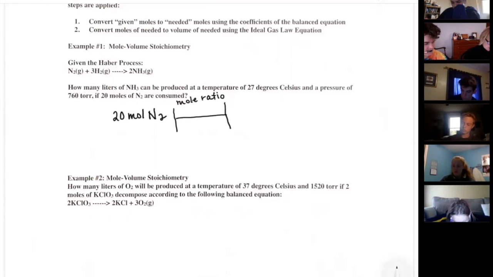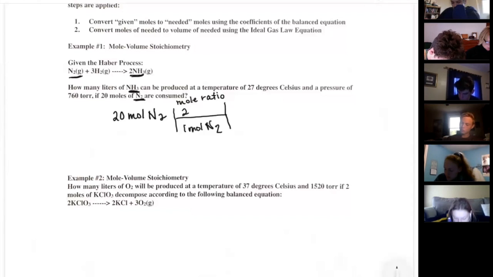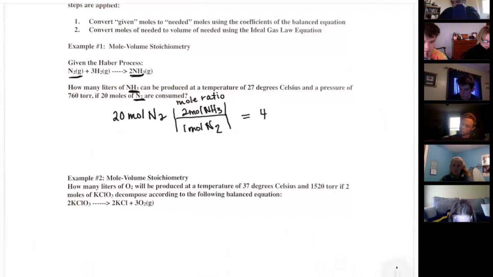So we're going from nitrogen to ammonia. So it's 1 mole of nitrogen to 2 moles of ammonia. That tells me how many moles of ammonia I'm going to make. So this would be 40 moles of ammonia.